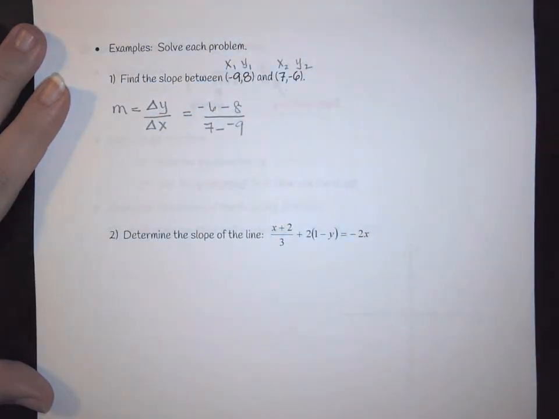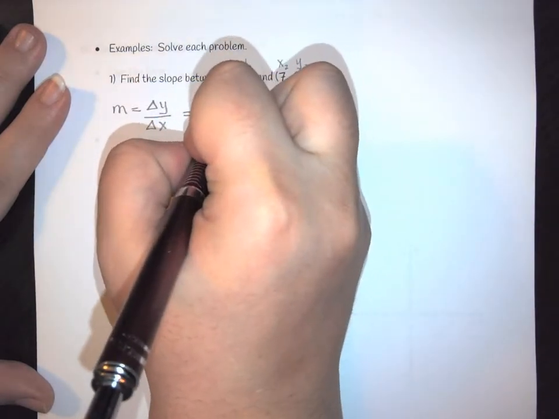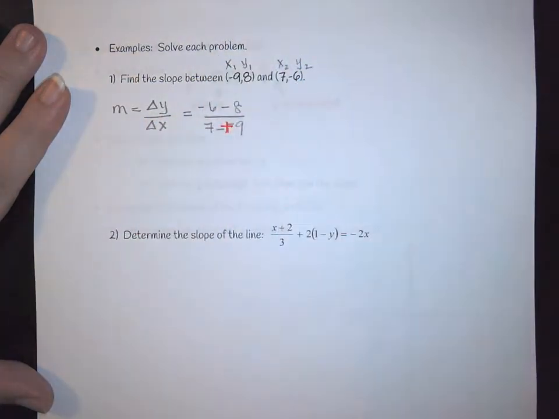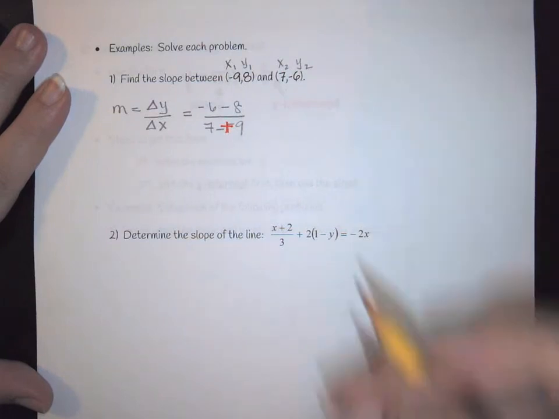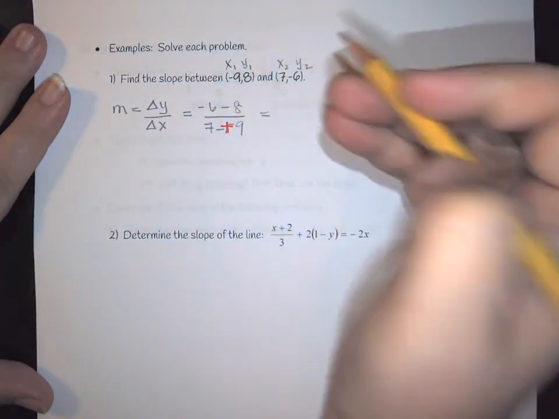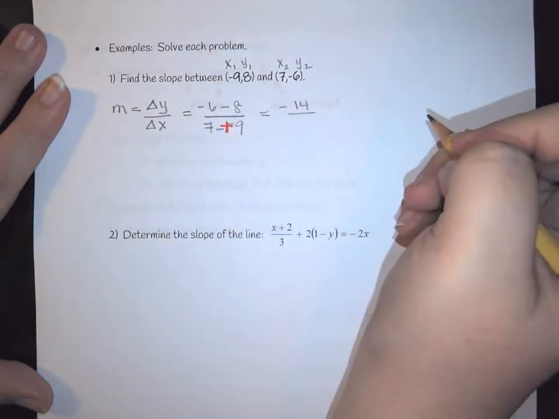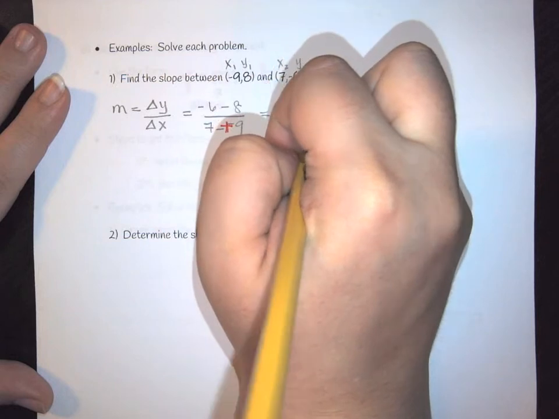Now we have a rule that says minus a negative becomes positive, so this would change to a plus. And then we simply reduce or do the math. So 6 minus 8 is going to give us a negative 14 on top. 7 plus 9 gives us a positive 16.